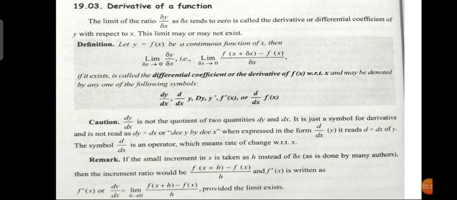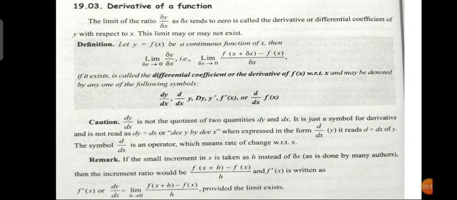The derivative of a function is very important. What is the derivative of a function? We have taken the limit of the ratio delta y by delta x, the incremental ratio, as delta x tends to 0.